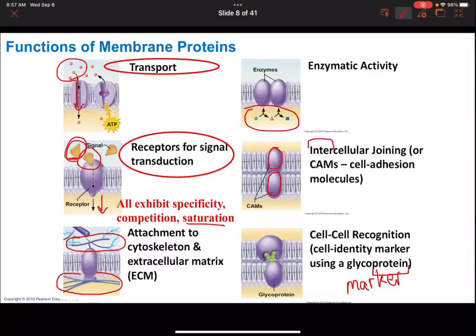Only 100 membrane proteins are present, and so only those can be bound. So once they're all full, they're full, okay? It's like running out of parking spaces at a parking lot. Once those 100 parking spaces are full, it doesn't matter if there are 50 more cars running around, they're not going to fit. This also then ties into competition.